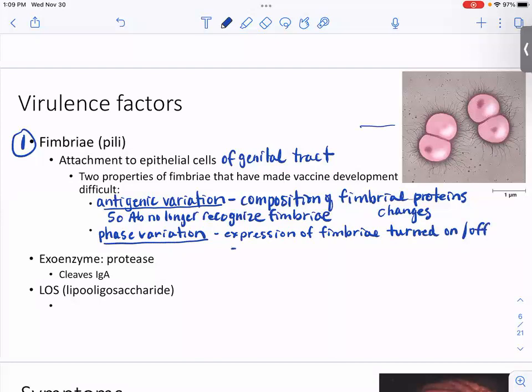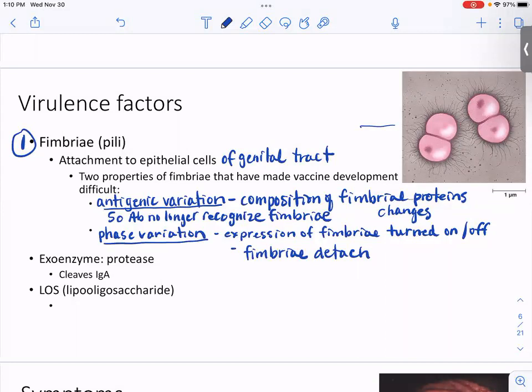In other words, the fimbriae can detach. All right, so the analogy that I like here is if you're being chased by a polar bear, right?